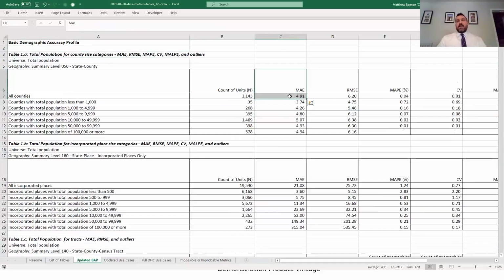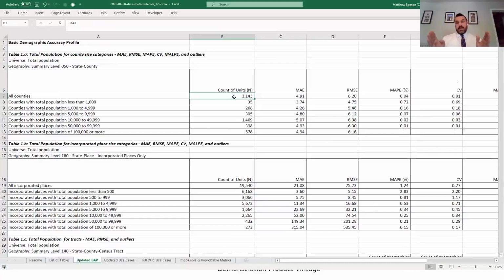Now, what does that mean in practice? Well, the way to think of it is that the average county will see a gain or a loss of about 5 people in their total population. The precise way that this is calculated is you take all 3,143 counties that were in the United States, excluding Puerto Rico, and for each one of those, you take the tabulated data from the disclosure avoidance system, and you find the difference between that and the published data.